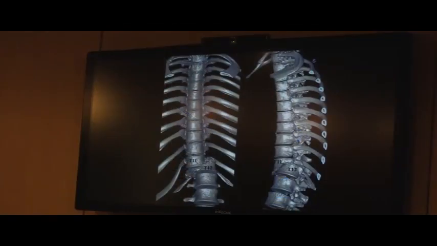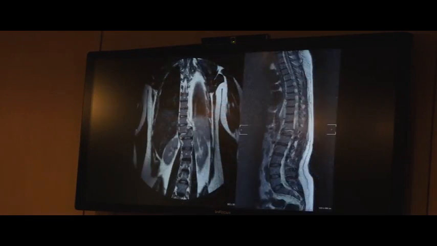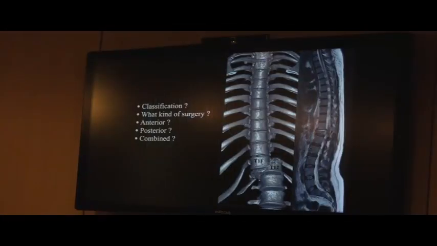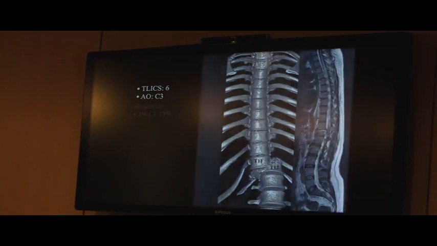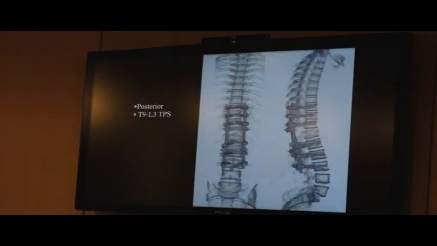So what would you do in a case that has no neurological deficit? So we need a surgery. Yes, what kind of surgery? Any answer? What we have done here is a posterior surgery.